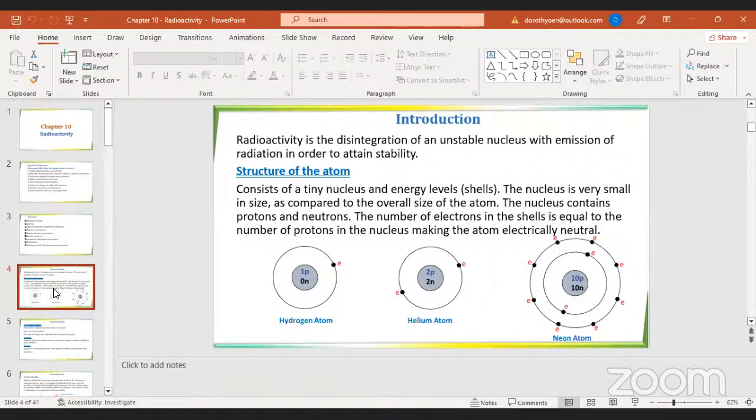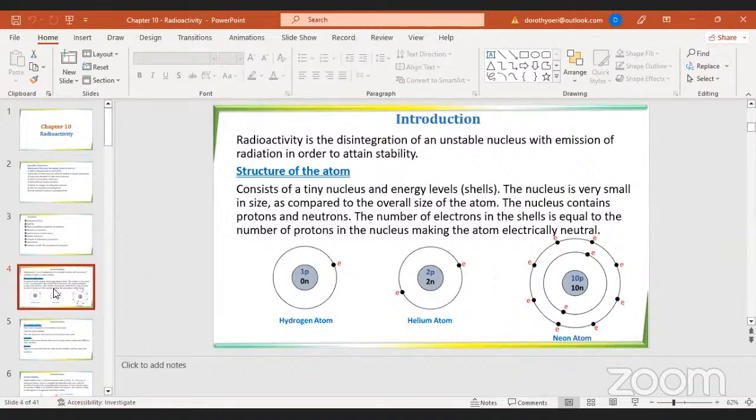Now, if the nucleus of that atom is unstable in terms of the number of neutrons and protons not being at a ratio of 1:1, then that is the time we say that that nuclide is unstable.